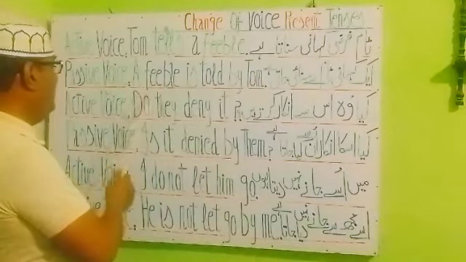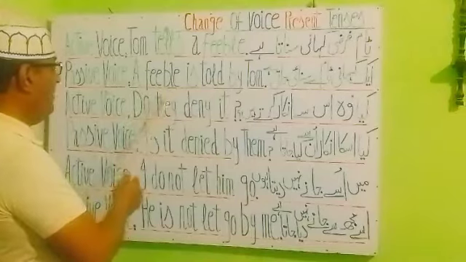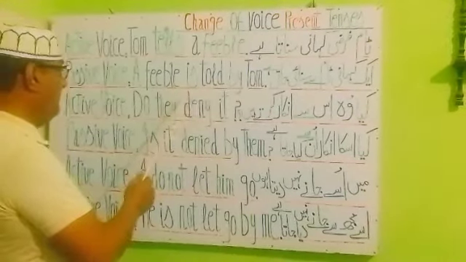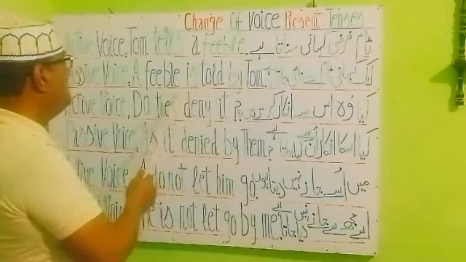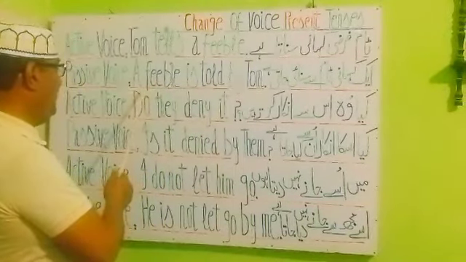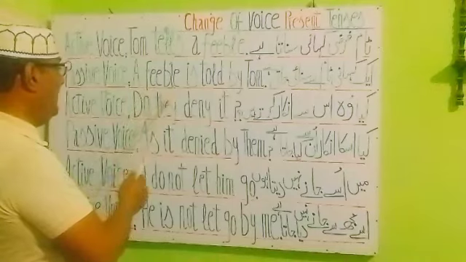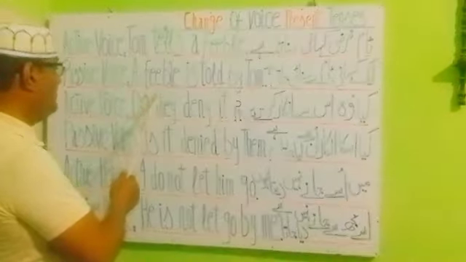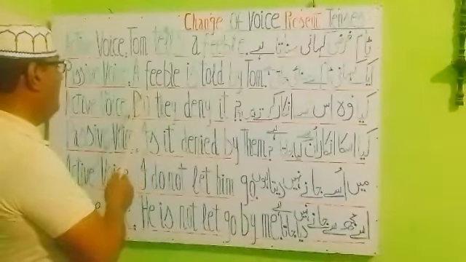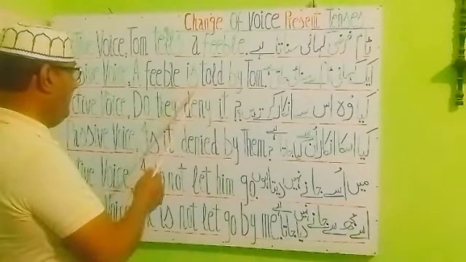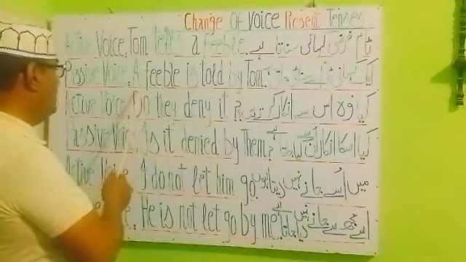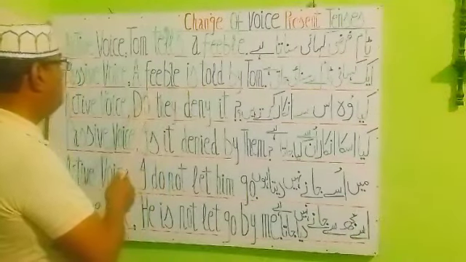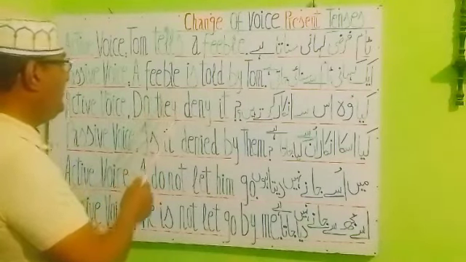So is, am, are are three helping words. If the subject is singular, then we will add is. Suppose the subject is plural, we will write are, and if the subject is I, then we will write am.